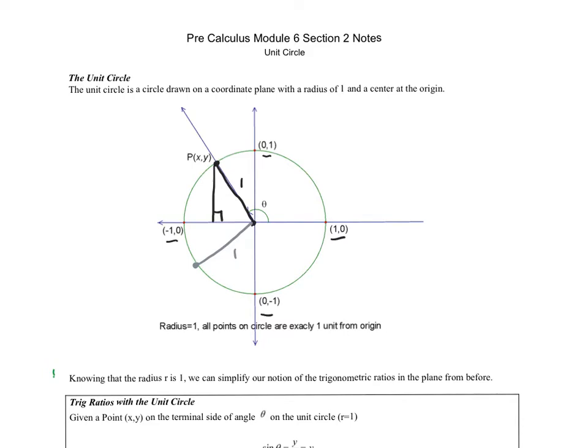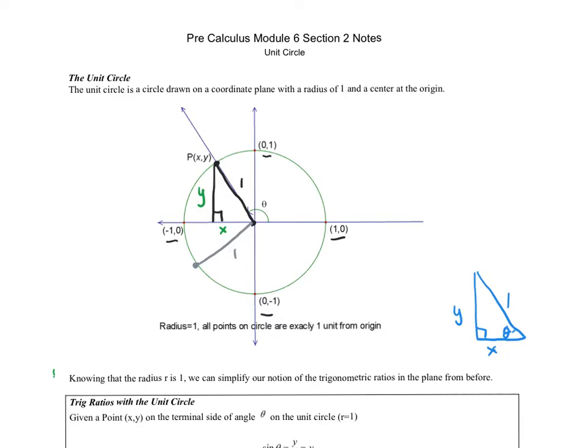And if you have this point x, y, the adjacent is x and the opposite is y. So anywhere on the circle, we're going to have a reference triangle of y, x, and 1, with some reference angle here in the corner.